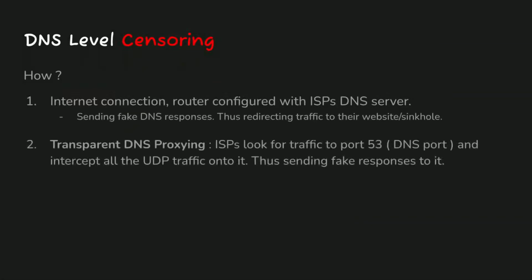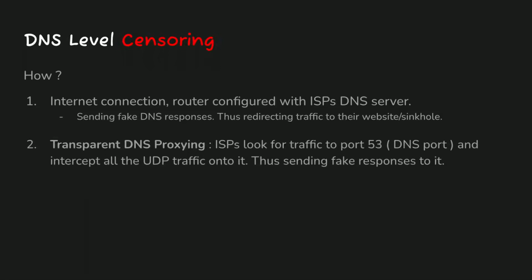Okay. So on DNS level censoring, there are two methods usually employed by these ISPs. The first one is this: once you get an internet connection from your local ISP, or whomsoever you are taking the lease for your internet connection from, let's say you are in the US and you get Comcast, or you're in India and you get Airtel, Jio, or any other internet service provider, they give you a router, and you get the Wi-Fi connection using that.